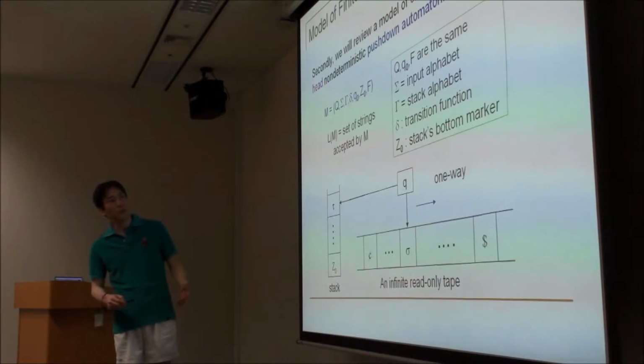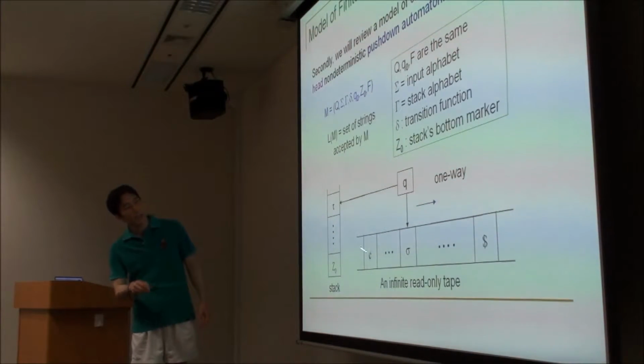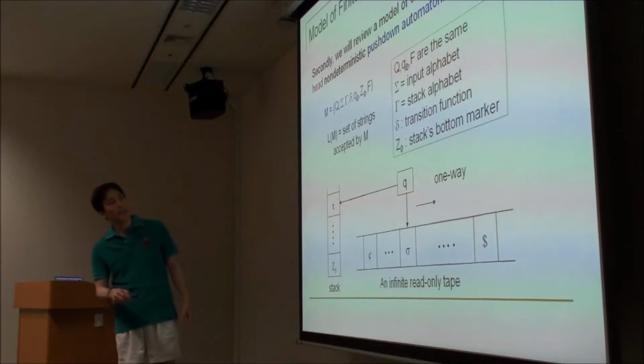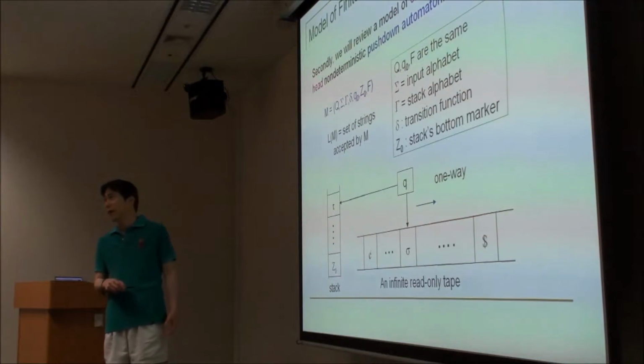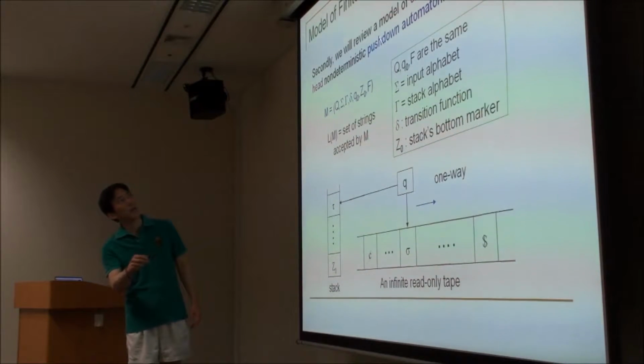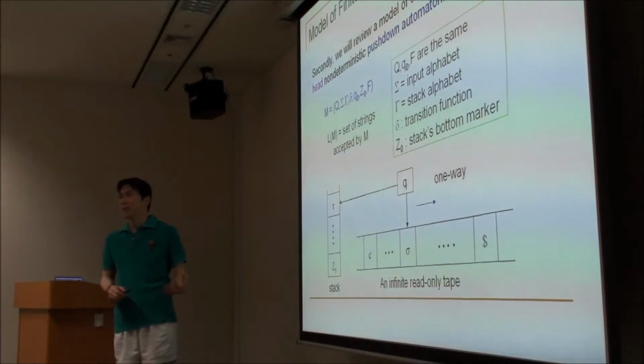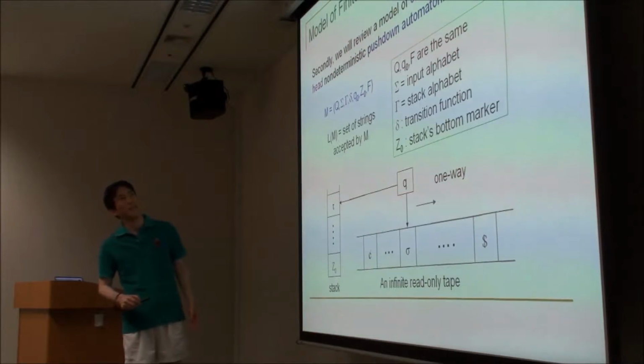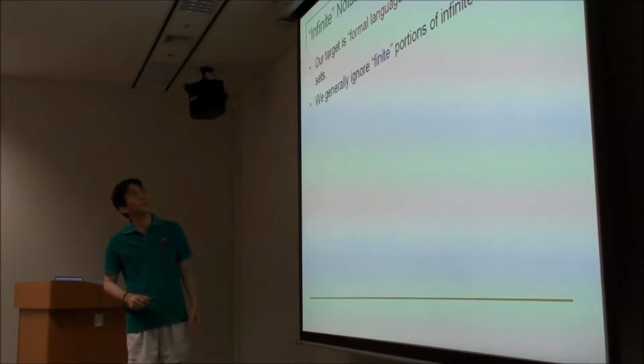Another model that I'm going to use is the finite automata equipped with a memory device called the stack. At the same time, I'm going to use non-deterministic computation instead of the deterministic one.